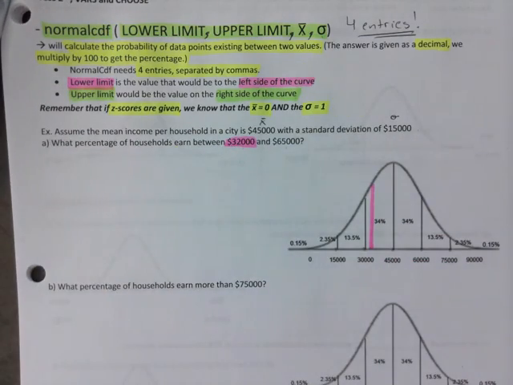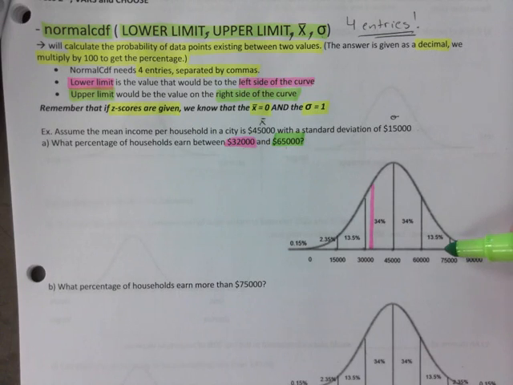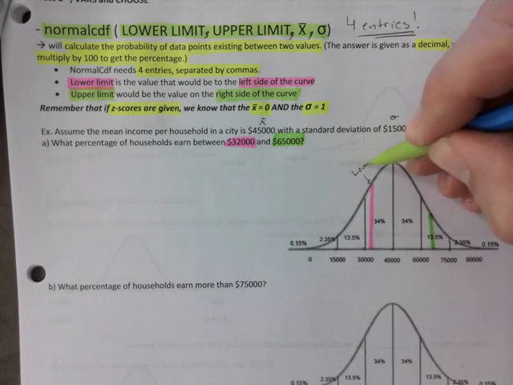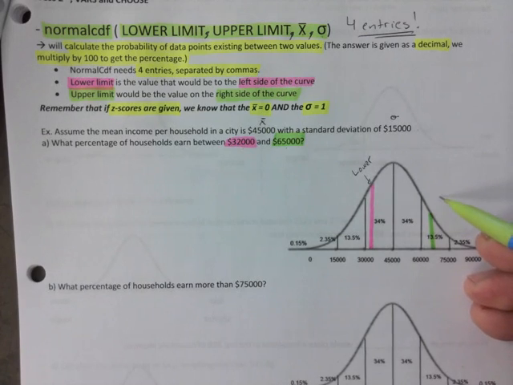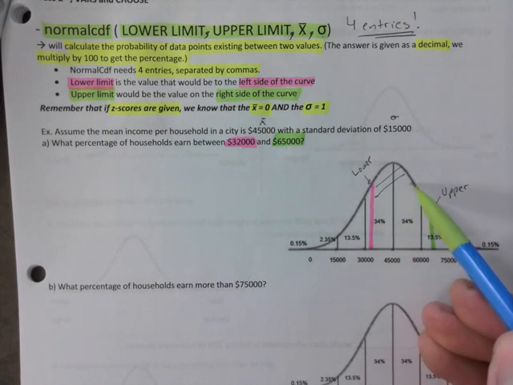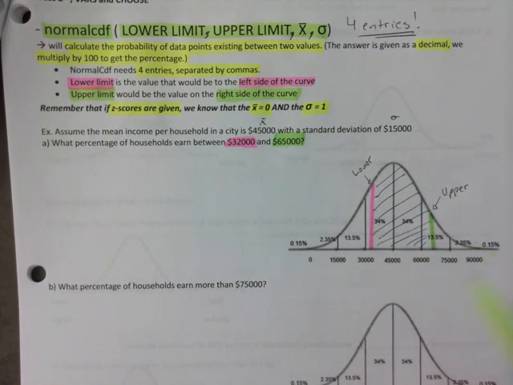And what is my upper limit? 65,000, correct? Whereabouts is 65? Right about there. So I would consider this the lower limit, and this is the upper limit, and we want everything in between, the percentage between the lower and the upper.